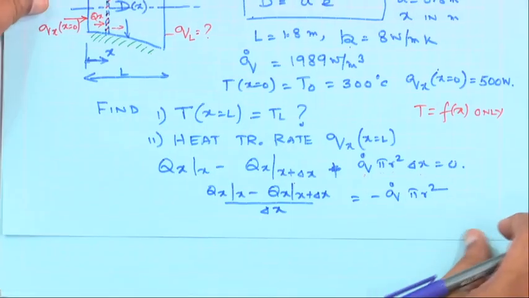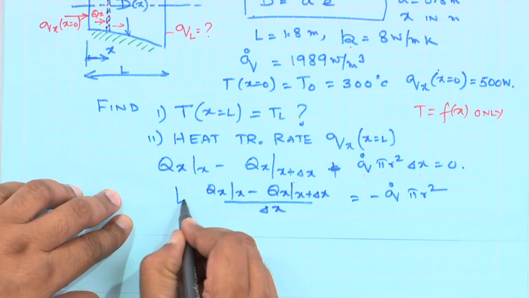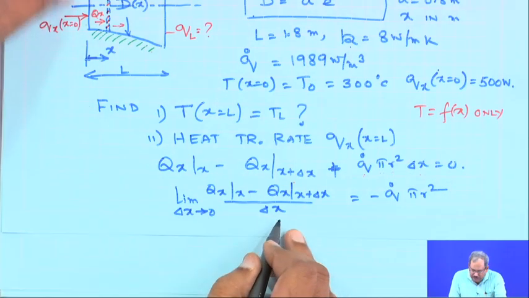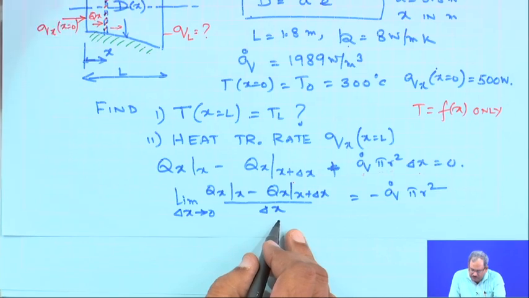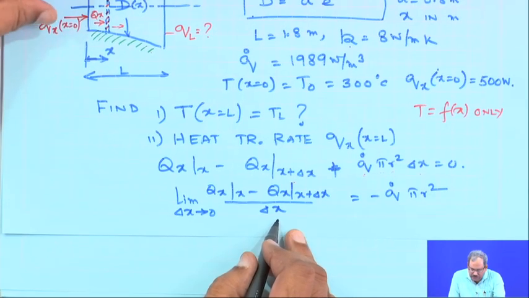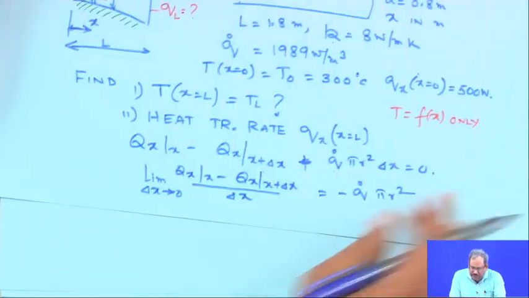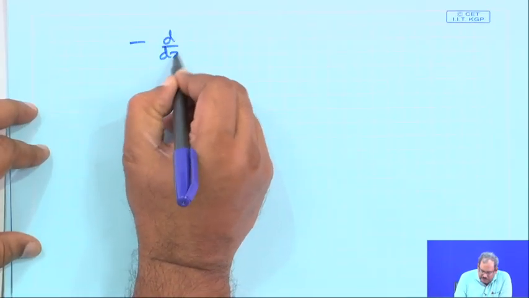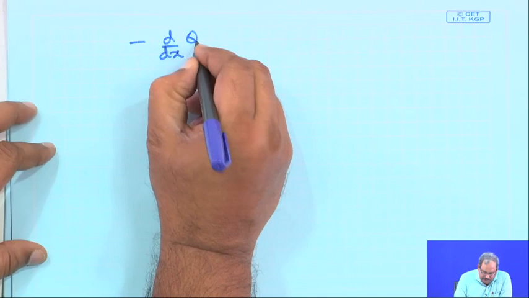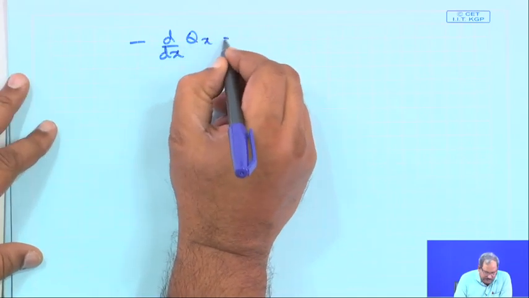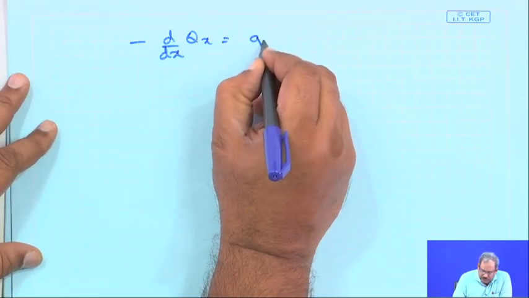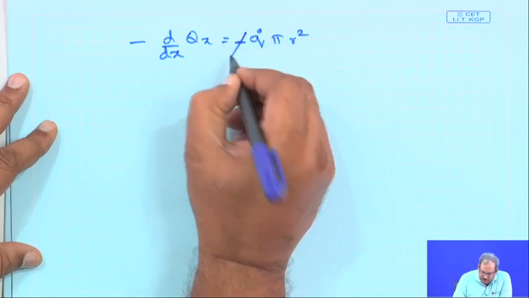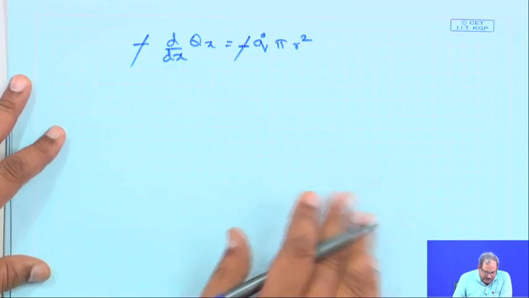In the limit when delta x tends to 0, I am using the formula for the first derivative. What I should get is minus d by dx of Qx equal to q dot times pi r square, and these two minuses will cancel out.